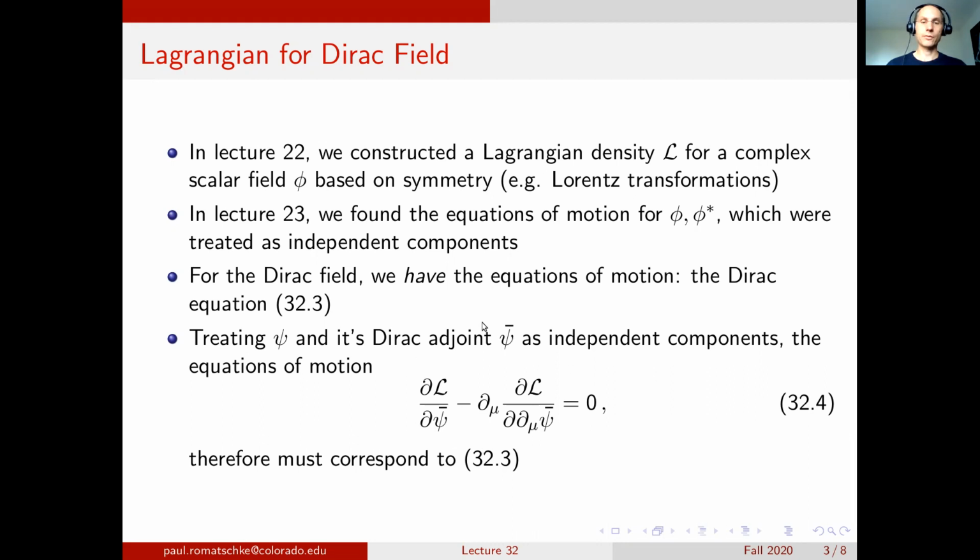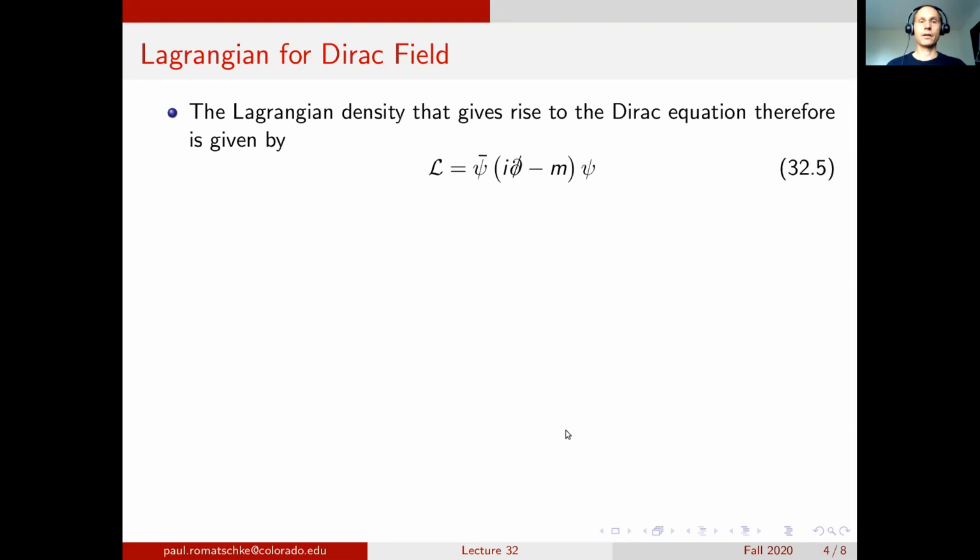Now, these equations of motion that we get for a given Lagrange density must correspond to the Dirac equation given in 32.3. It is not hard to figure out what the Lagrange density has to be that gives rise to the Dirac equation from equation 32.4 here. It is given as psi bar (i∂̸ - m) psi. If you plug this back in, you find the Dirac equations of motion.